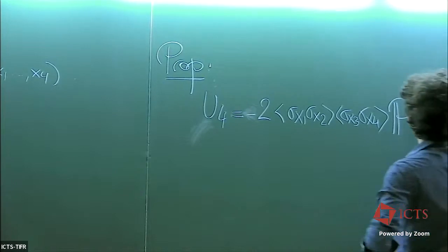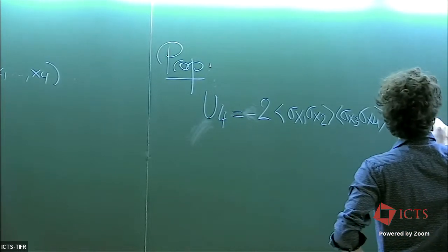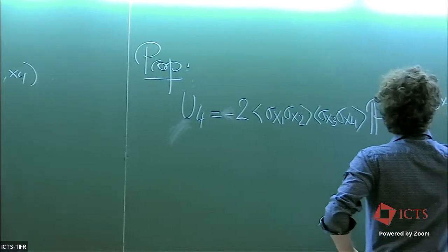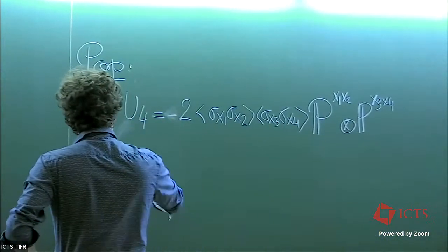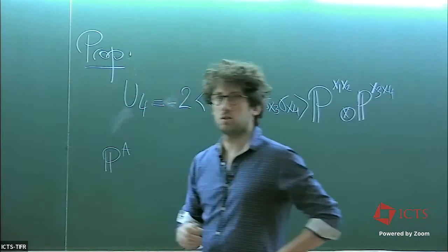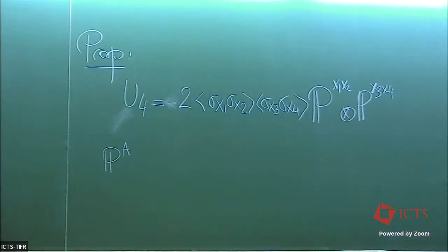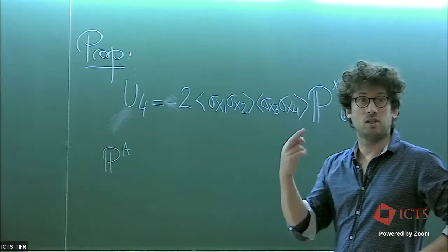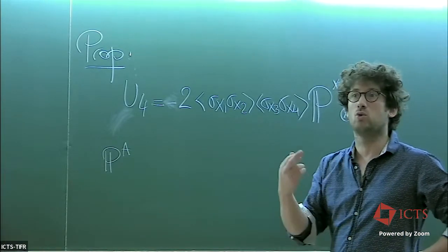So probability x1, x2, probability x3, x4. So PA is just a measure that is sampling a current with sources A, and which is attributing probability proportional to the weight.